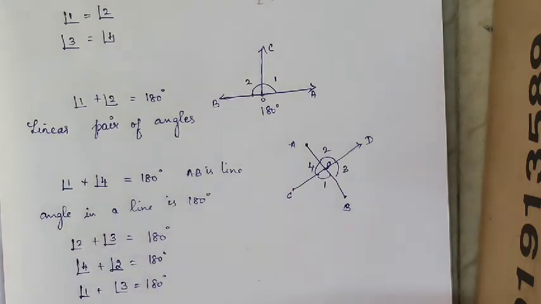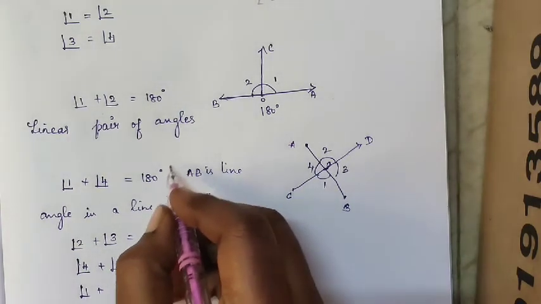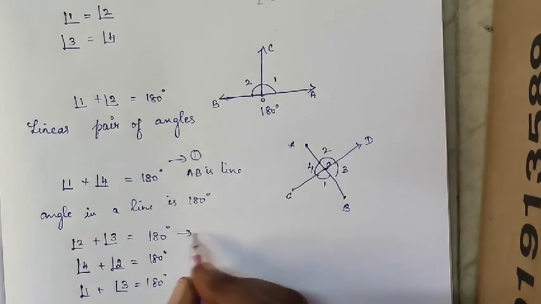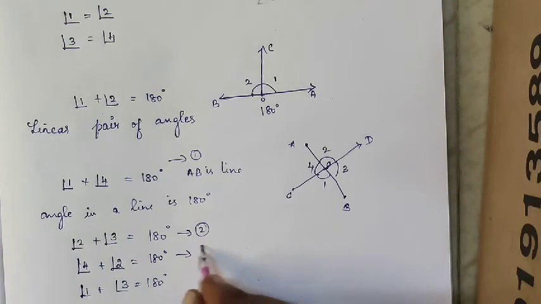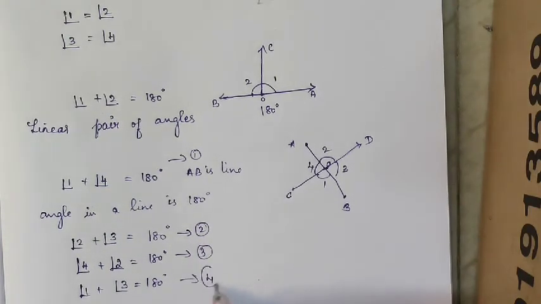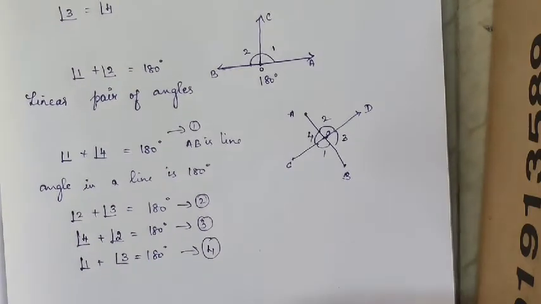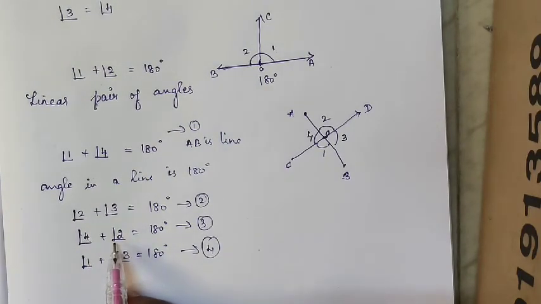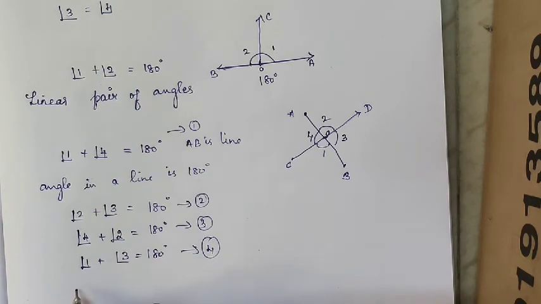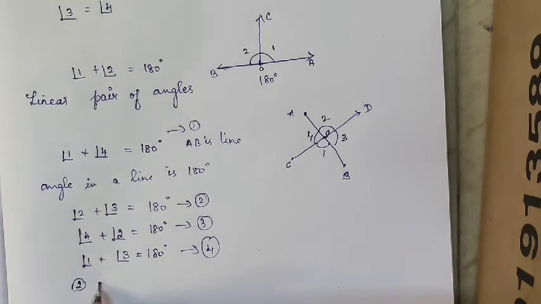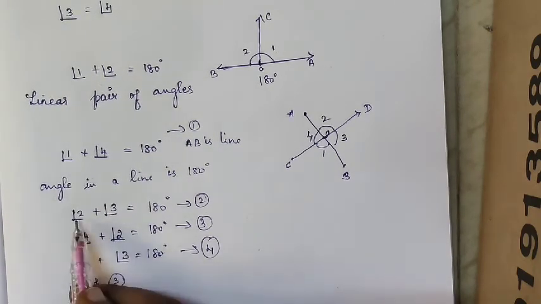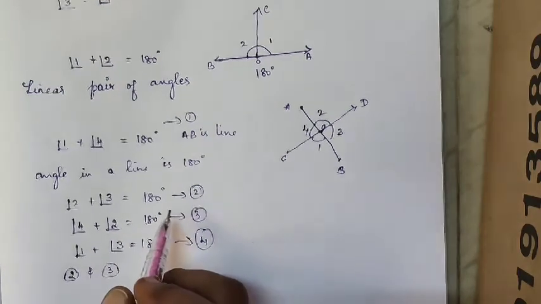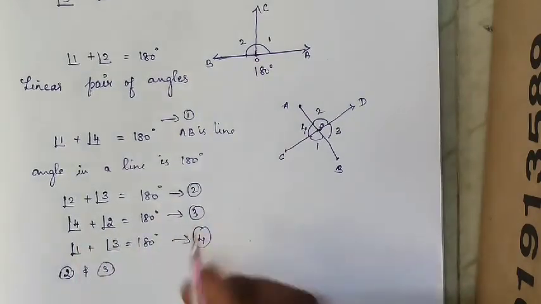Now let us take these as the first equation, second equation, third equation and fourth equation. Let us take the second and the third equation. 2 plus 3 is equal to 180, 4 plus 2 is equal to 180.